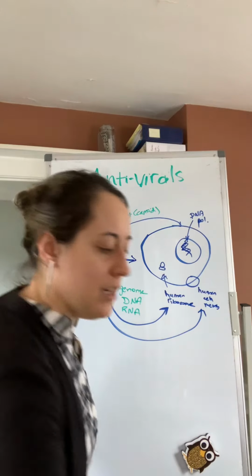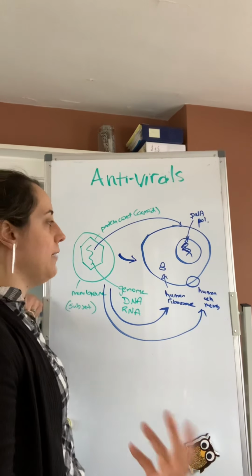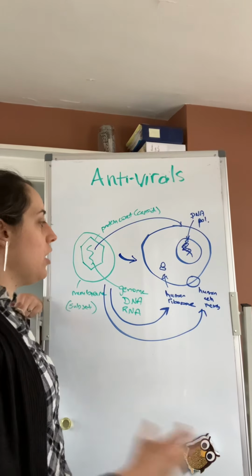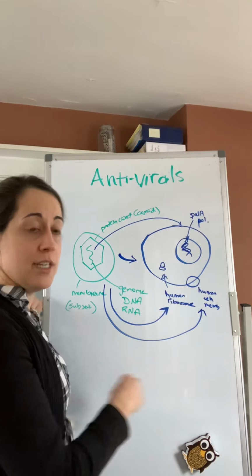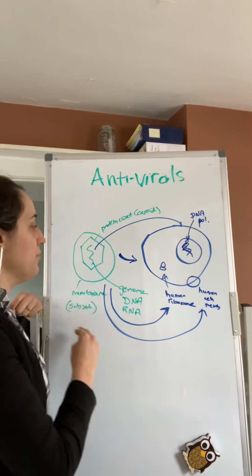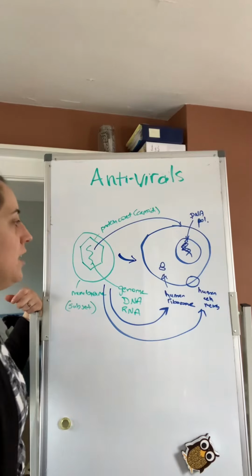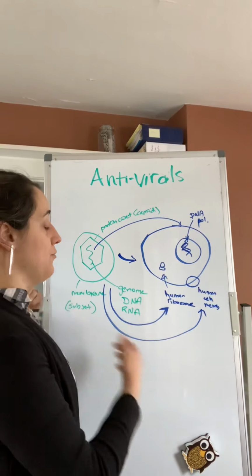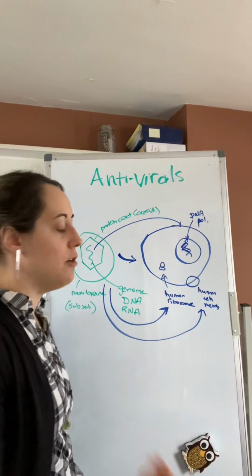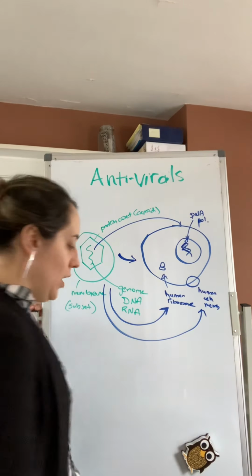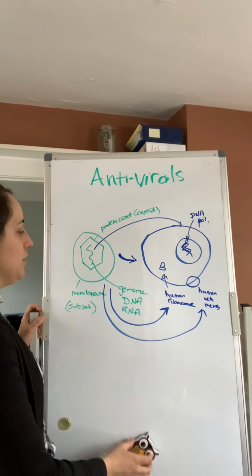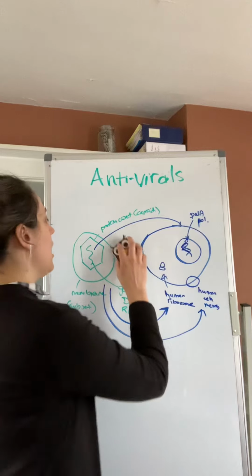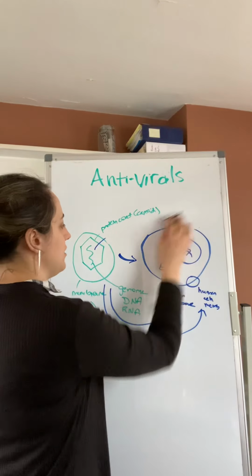So how do we then target a virus? We cannot target our own ribosomes to stop them from making viral proteins. We can't stop the ribosome from functioning because then we harm our own cells. So one of the most common antivirals is actually for a subset of viruses.